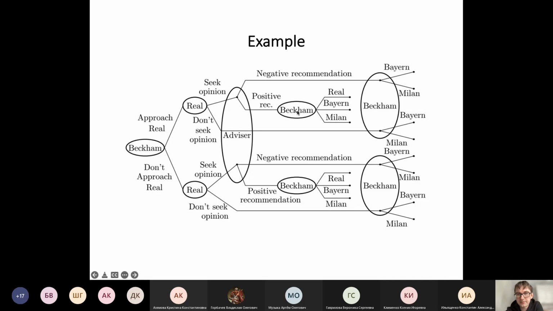If it's positive, Beckham can still decide, but now between three clubs: Real Madrid, Bayern, Milan. Is it clear? I think if you are at least somewhat interested in football or soccer, it's more familiar. So it's basically a story of a football player, a football club, and an advisor.